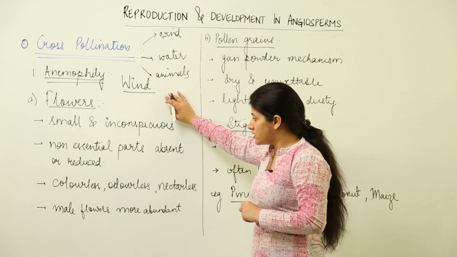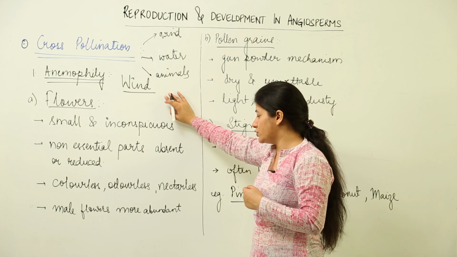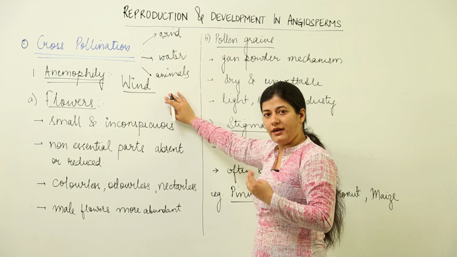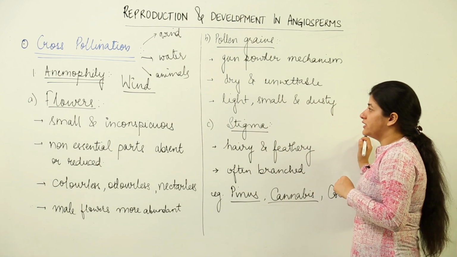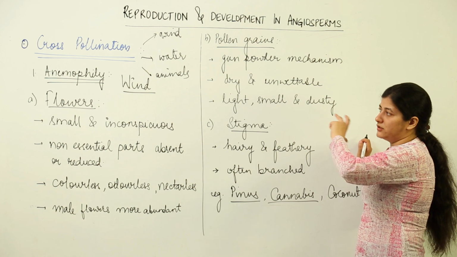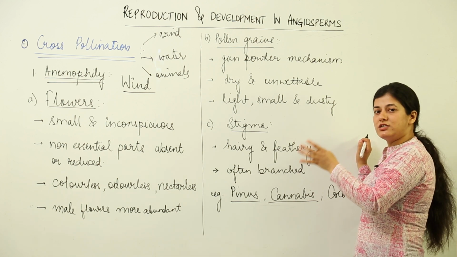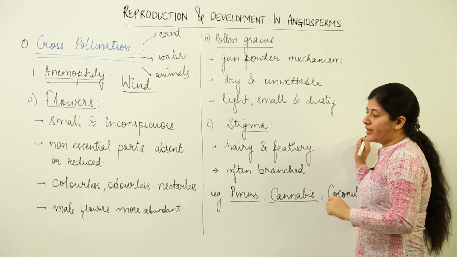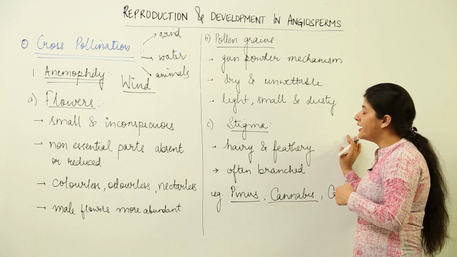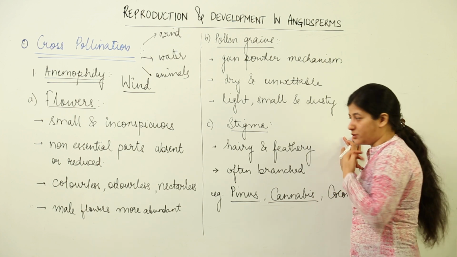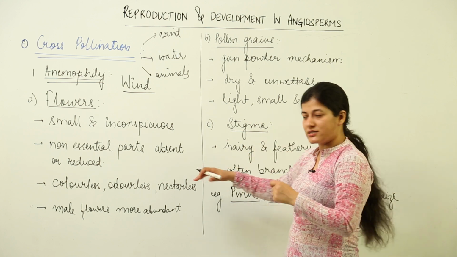So we have to study the few characteristics that a flower is going to possess in order to enable anemophily, and that would be all that we have to study in this, because the definition is simple: the pollination which takes place with the agency of wind happens to be anemophily. These characteristics have to be studied and learnt as well. So simply seeing what is written, we are going to discuss it.